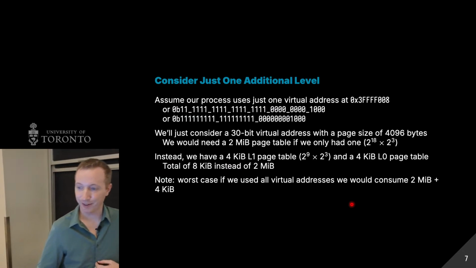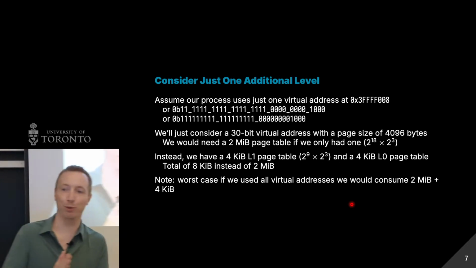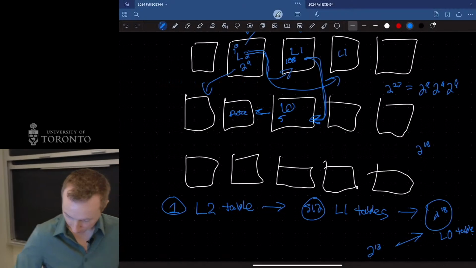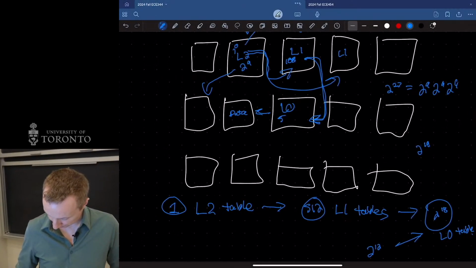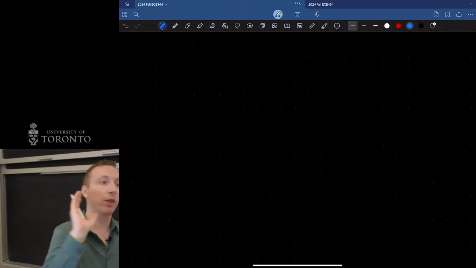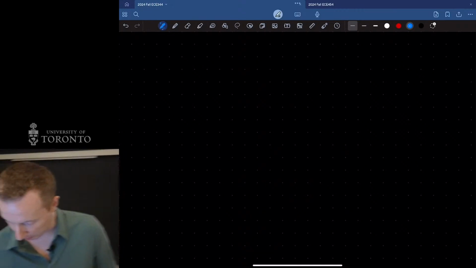All right, so let's do some translation with multiple levels. I'll start an example. We're going to assume a system with just one more level of page tables.